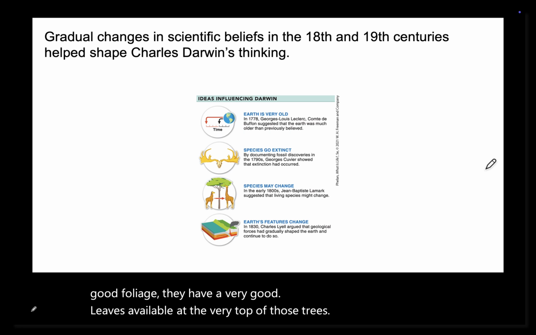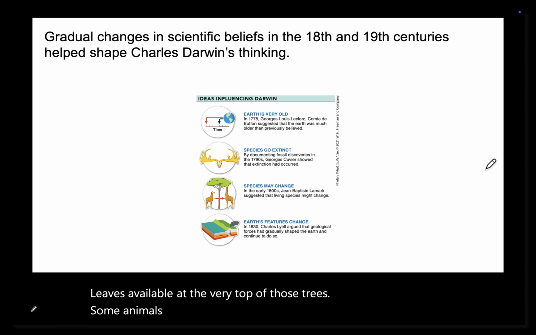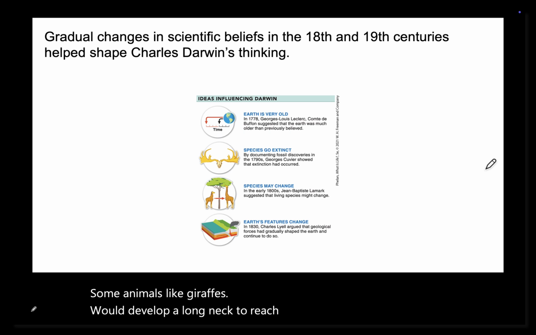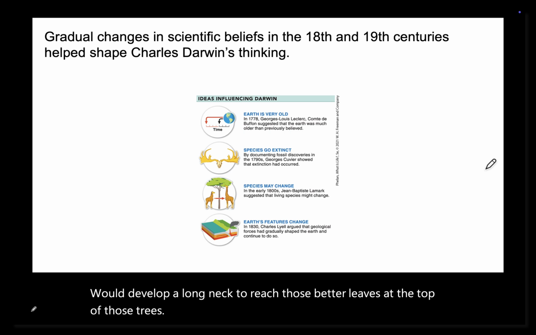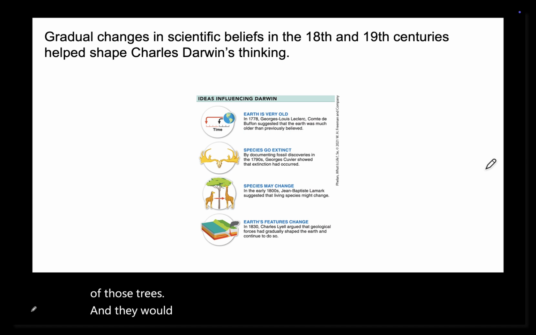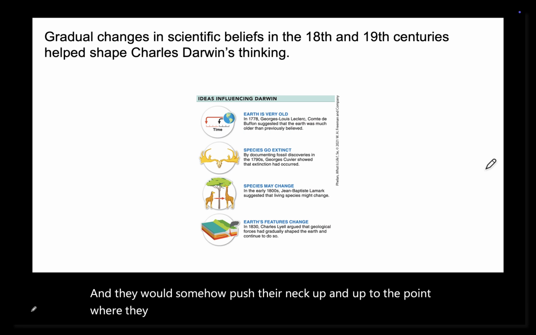Therefore, some animals like giraffes would develop a long neck to reach those better leaves at the top of those trees. And they would somehow push their neck up and up to the point where they would reach those better leaves at the top of the tree.